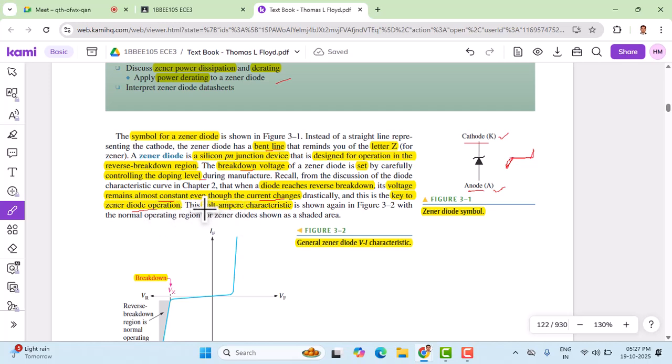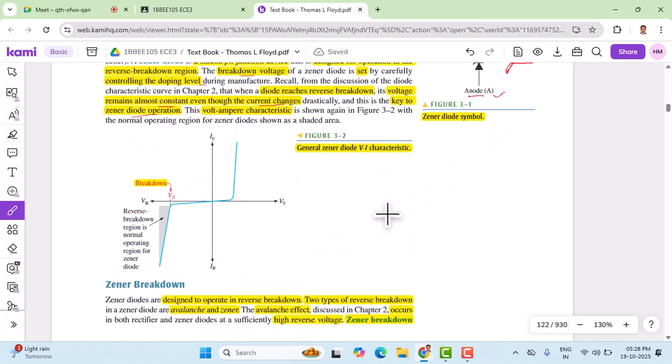Now let us have a look at the voltage-current characteristics of the Zener diode, which is given in figure 3.2. Here we have the general Zener diode voltage-current characteristics. As we know, the first quadrant is used for the forward bias, because the voltage is positive and the current is also positive.